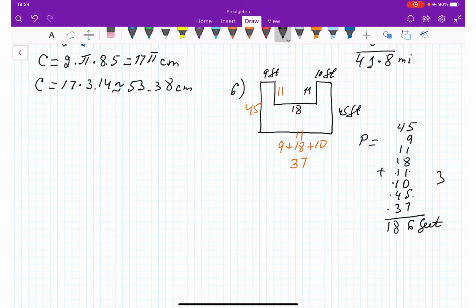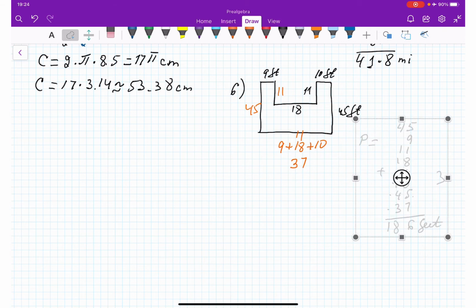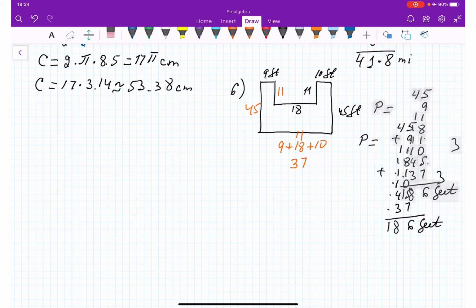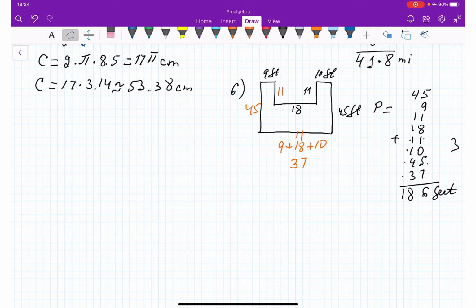Number 7. We move this up. And this 45 feet doesn't seem well. Okay. Number 7. Finding this perimeter now.